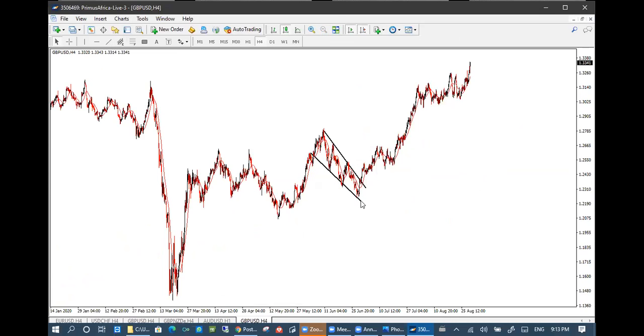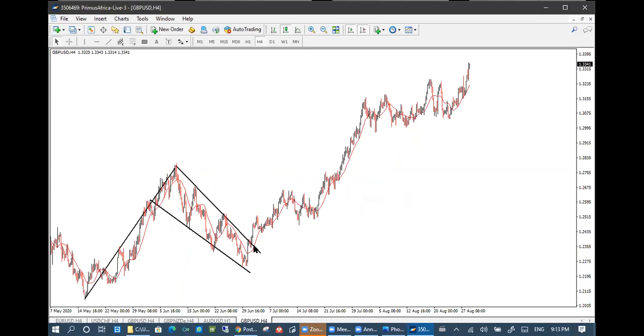Who can tell me this pattern? What is this pattern here? A rising wedge or falling wedge? Falling wedge. You can see it's a falling wedge.